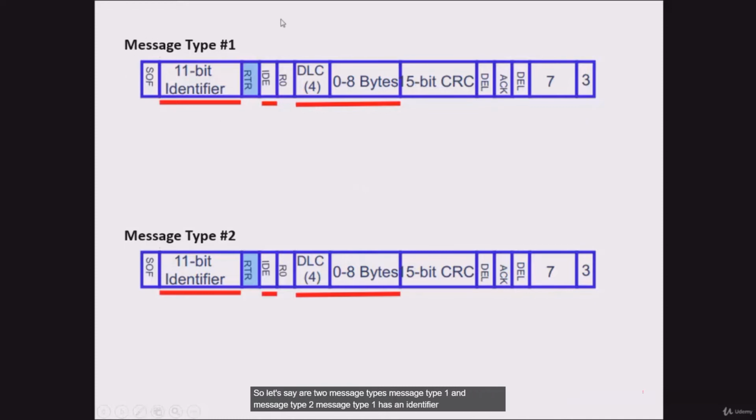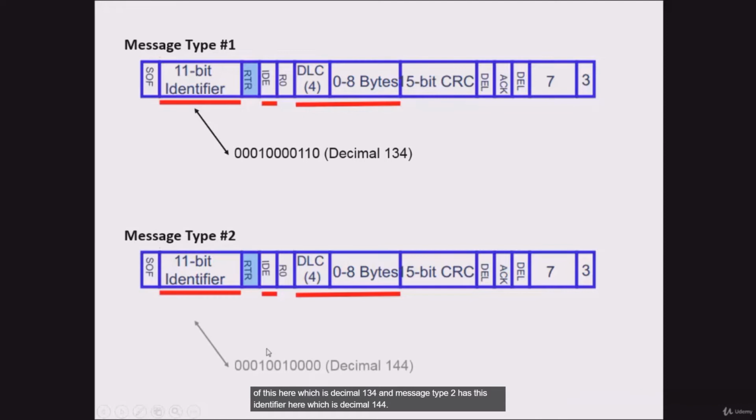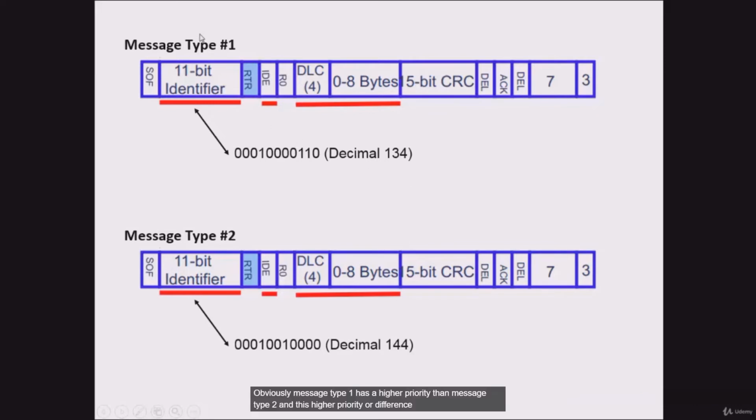So let's say there are two message types, message type 1 and message type 2. Message type 1 has an identifier of this here, which is decimal 134, and message type 2 has this identifier here, which is decimal 144. Obviously, message type 1 has a higher priority than message type 2.